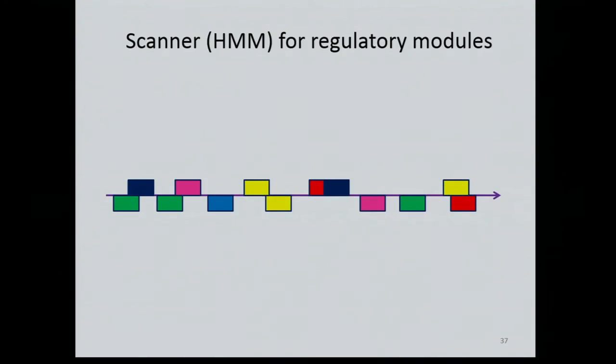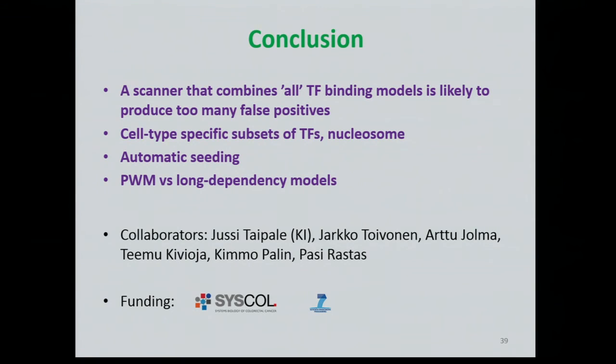So I have to stop. The goal is to make a scanner that combines factor binding models, since a scanner that takes all factors together is likely to produce too many false positives.